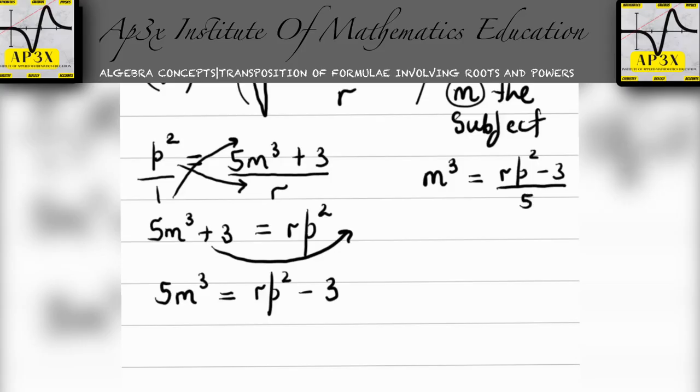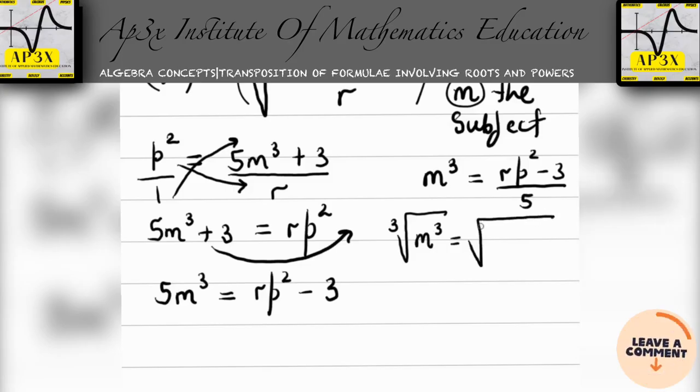And so, perfect example here, now a power of 3 is attached to our subject. We can't use the square root to cancel the cube. We have to literally use a cube root sign. So we're going to cube root the m cubed, and of course we're going to cube root the right side of the equation here.